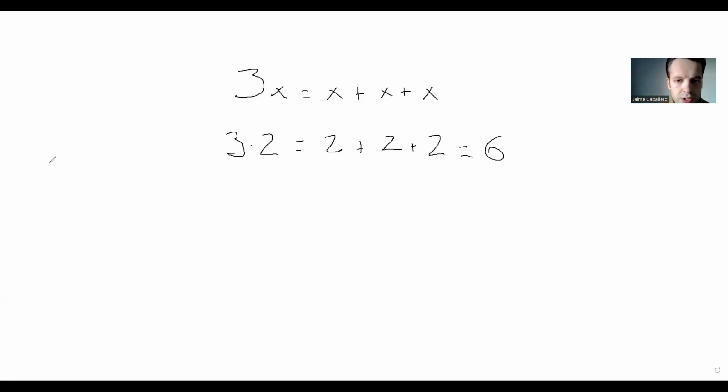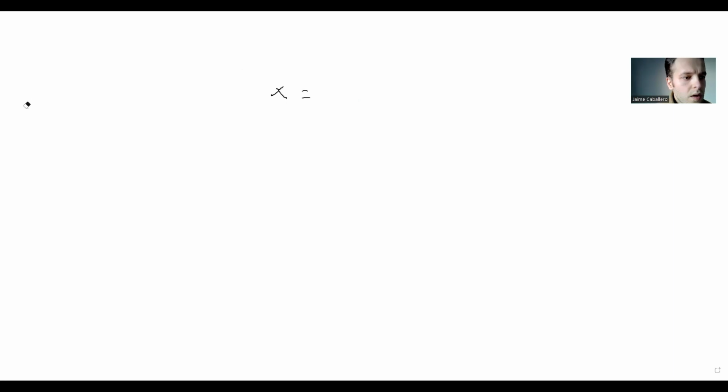Now, what happens when we subtract it? Why does the x not disappear? Well, if you just look at what we're doing here, we can use that to see subtraction. Why is 4x minus x 3x?